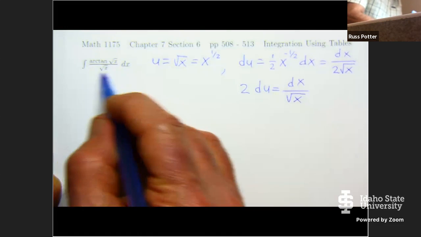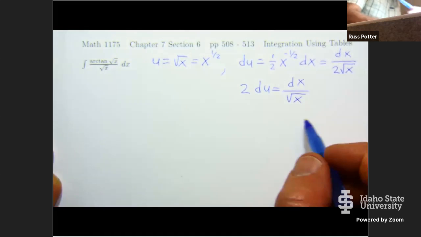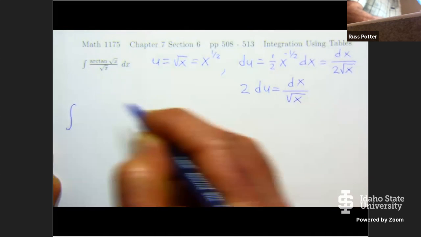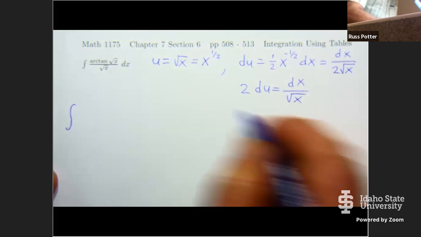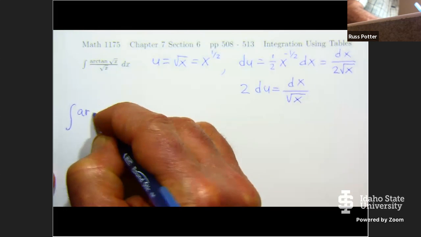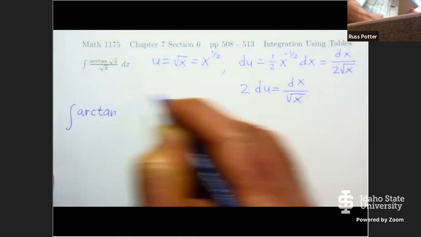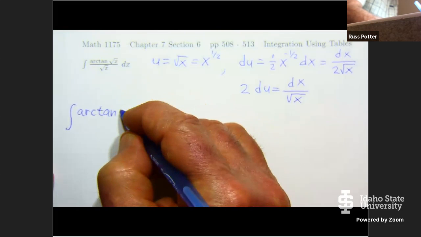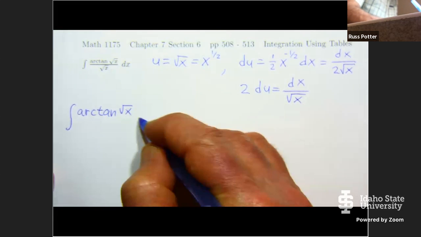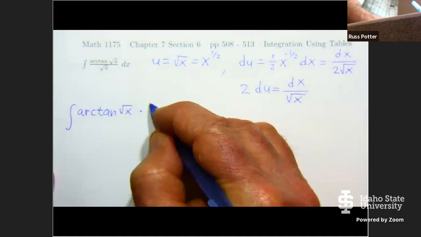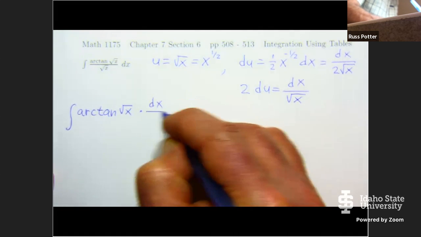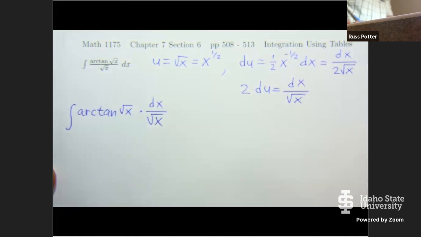Okay, so I'll rewrite this integral so that it exhibits more explicitly what we need to notice. We have the integral of the arctangent of the square root of x times dx over the square root of x.